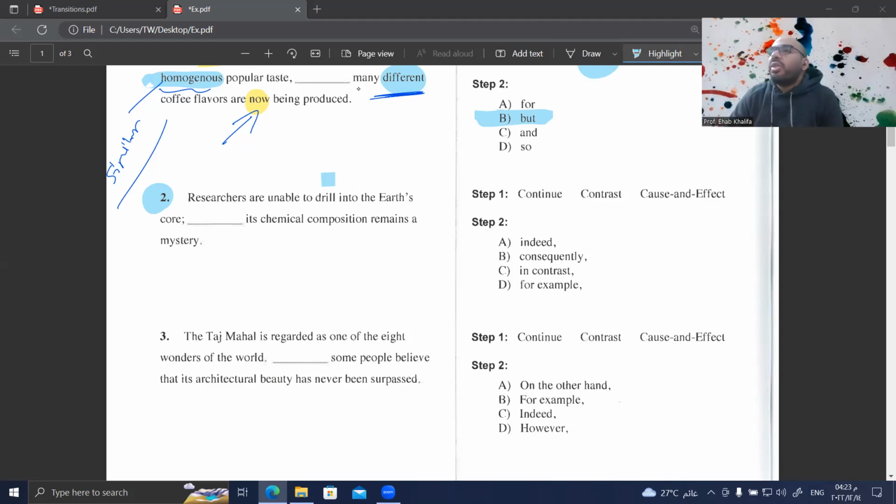Let's explain that. How did you get to cause and effect and consequently? Okay. I usually ask a question: why are researchers unable to drill into Earth's core? And here is the answer, because its chemical composition remains a mystery. Or the opposite. Well, that is a good question now. The opposite is correct. Yes.